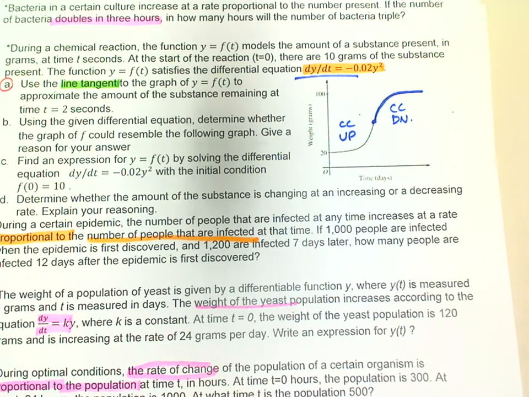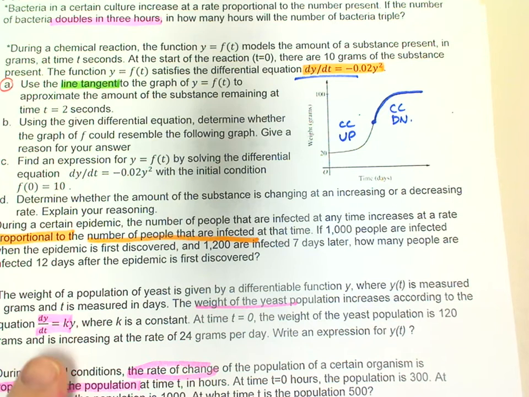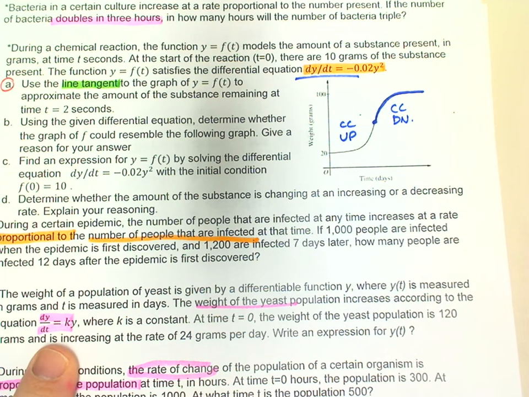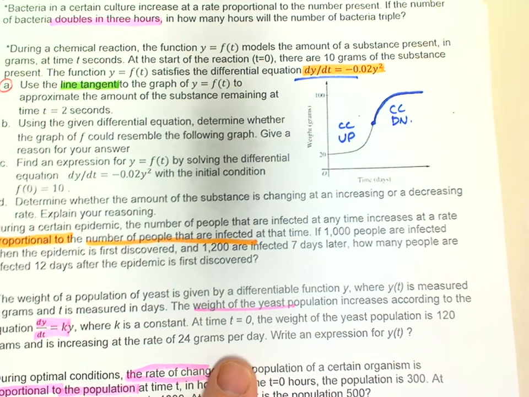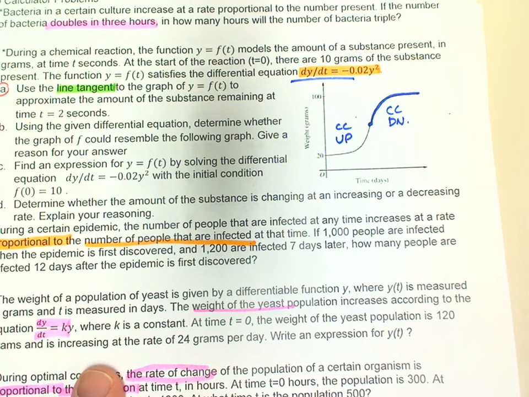Let's take a look at number 7. It says the weight of the population of yeast is given by a differential equation. And they give us the differential equation. Sure looks like the ones we've been talking about again. They give us an initial condition, and they say it is increasing at this particular rate.